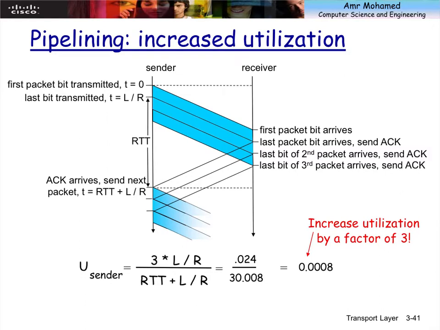So in that case, we can triple the channel utilization or quadruple the channel utilization by increasing the number of packets here.